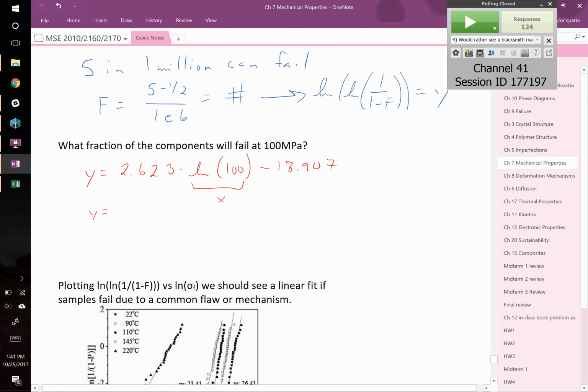So 2.623 times the natural log of 100 megapascals minus 18.907. Okay? That's negative 6.827. And you recall that that is equal to the natural log of 1 over 1 minus f. So let's solve for what f is.